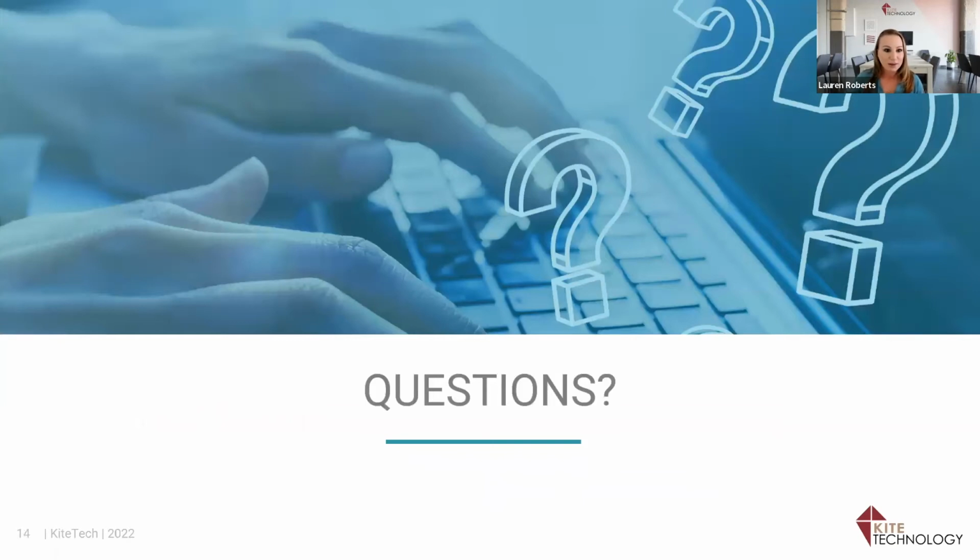Question from Judy, let's see. Can there be stages set up for commercial, personal, and employee benefits, or are the stages the same regardless of the department? That is a wonderful question. The stages are going to all show up in the same place. However, you could indicate by way of a C, a P, or a B in your Renewals Manager stage that these are the stages you need to pick from.